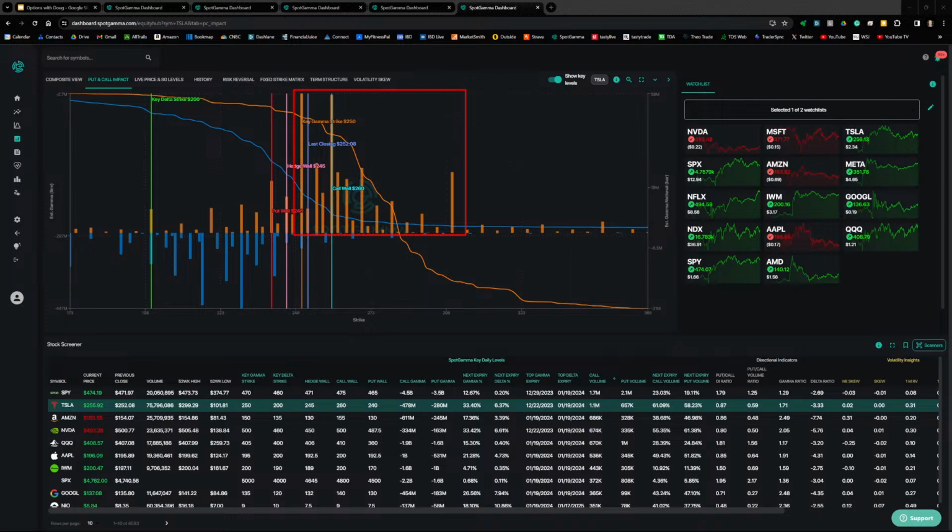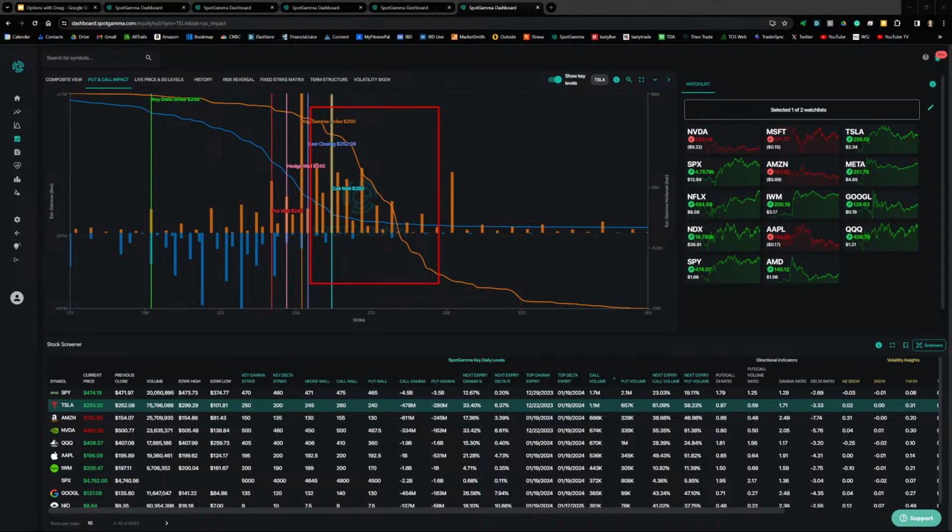Let's take a closer look at this. I'm looking at this really as potential to run to maybe 280, 285. This orange line shows pretty rapid change in gamma notional in this range, where the slope is steepest.